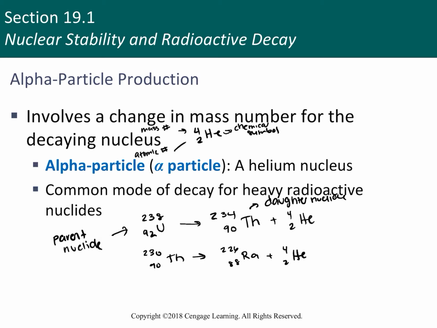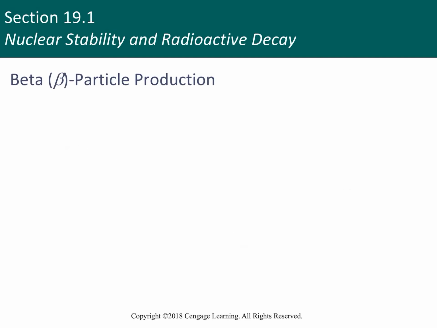So a really common decay process is spontaneous fission, where a heavy radioactive nucleus is split into two lighter nuclei. So instead of just a particle and then a new nucleus, a heavy nucleus is split into two nuclei.